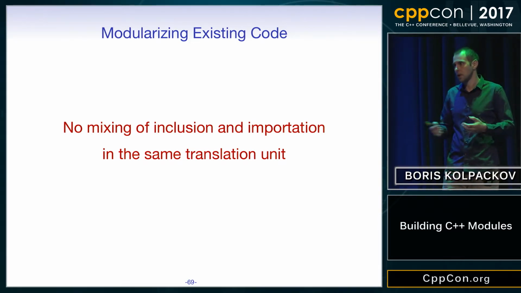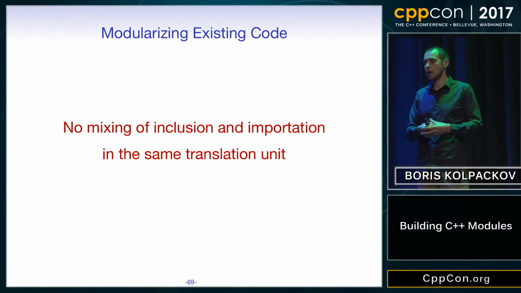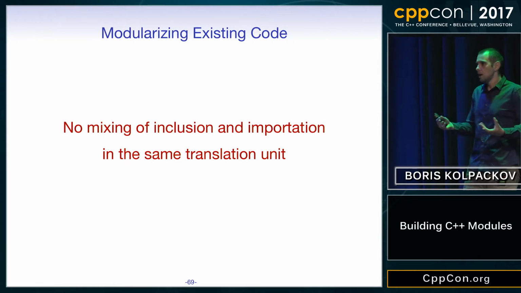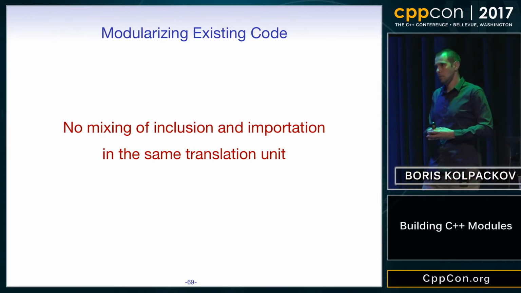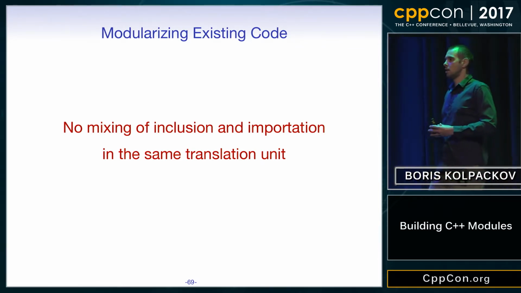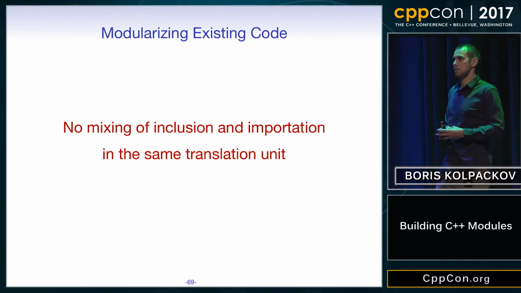So you cannot, for example, include iostream and import std.io. And I don't think it's actually an unreasonable limitation. I mean, this thing is already complex enough without supporting crazy scenarios like that.